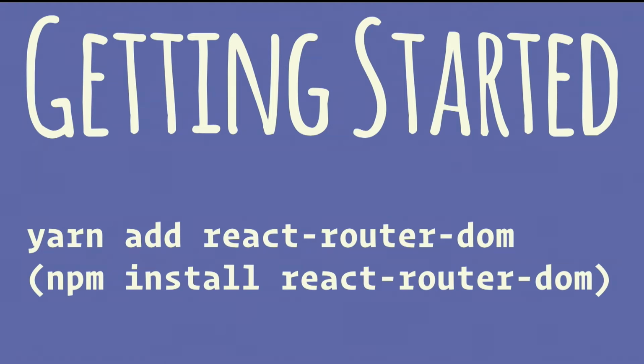To get started, you just add it to your project with yarn add or npm install. React Router DOM is the package we add. Again, React can be React Native as well, so we add specifically React Router DOM.